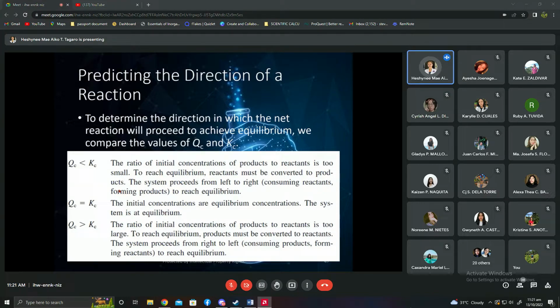It is the opposite of your QC less than KC. So if the concentration of products is greater compared to the reactants, we need to convert the products back to the reactants. It tells us that if the concentration of the product is high, the concentration of the reactants is low.